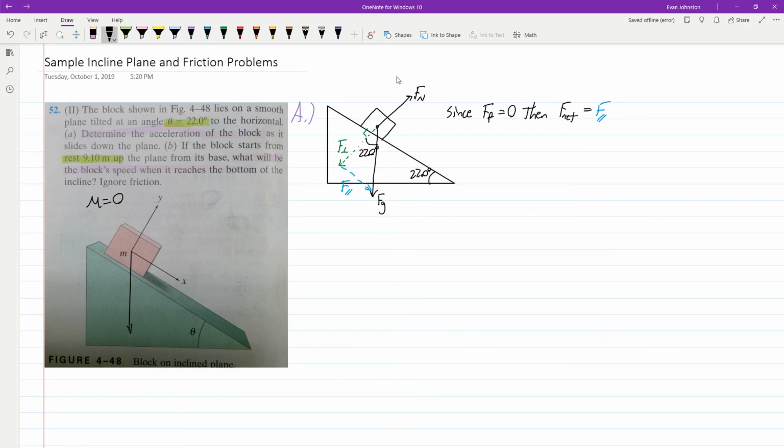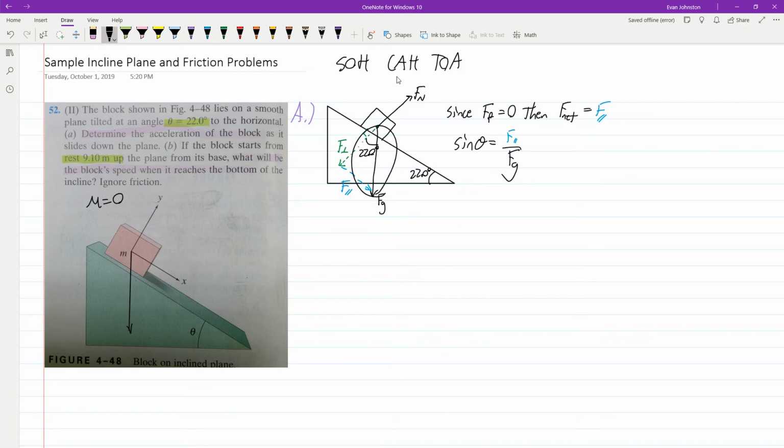So now let's actually go about solving. If this is my angle, the opposite part of it right here is the blue. And so we know SOH CAH TOA, sine is opposite over hypotenuse. So if I use sine, that's going to get me my parallel part right here. So I have sine of my angle is going to be my force parallel divided by the force of gravity.